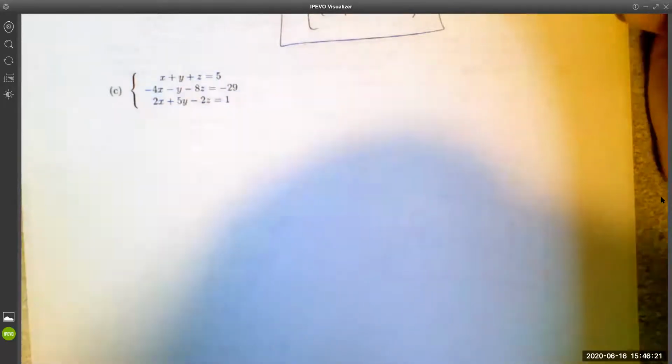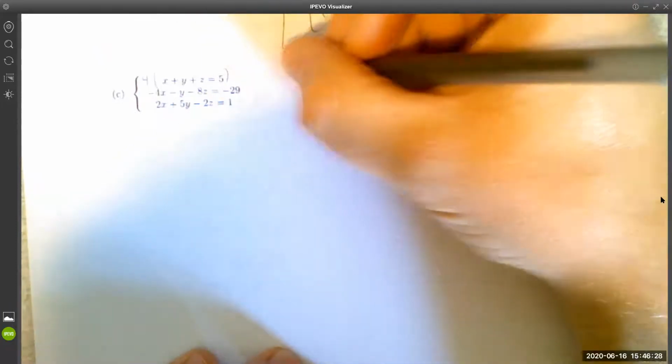Let's see. What do I want to eliminate here? I think any of them actually would be not terrible to eliminate. Here's what I'm going to do. I'm going to eliminate the x's. So I'm going to start off multiplying the top by 4.